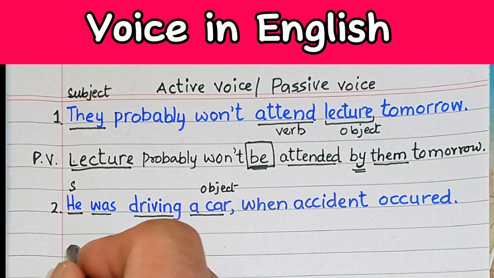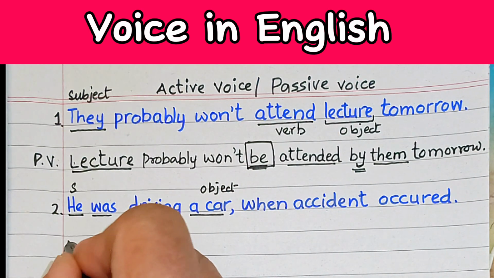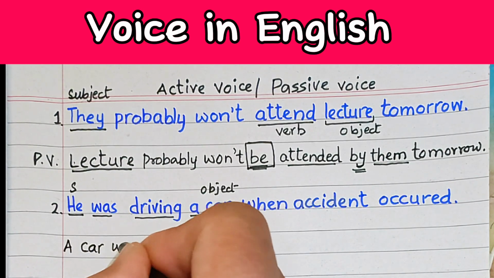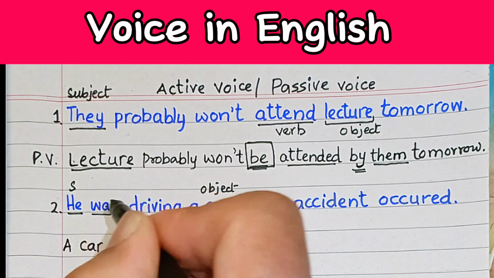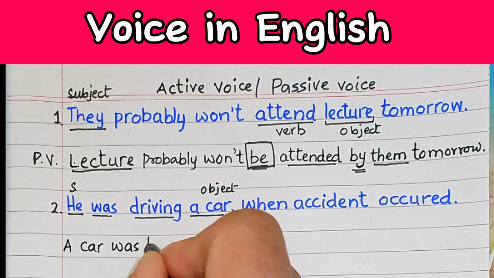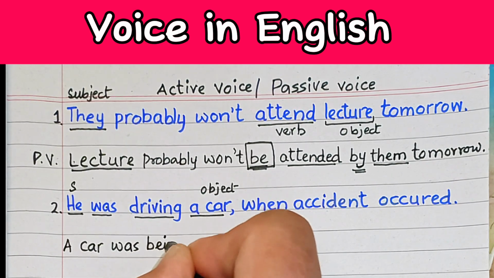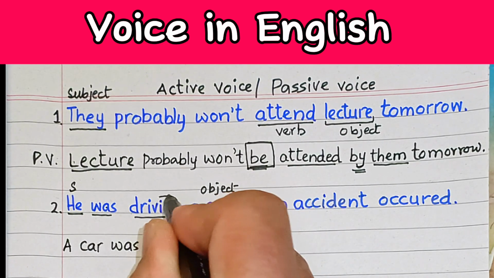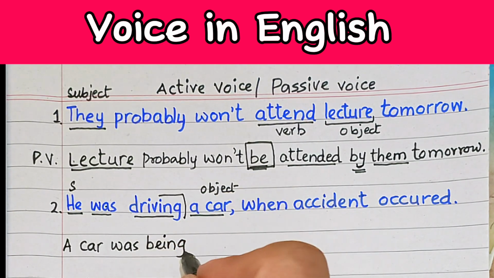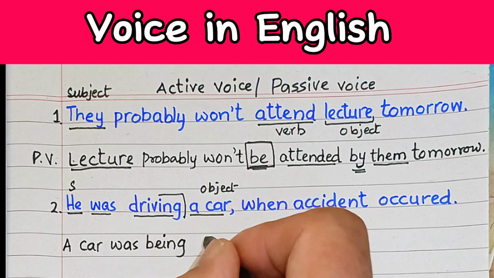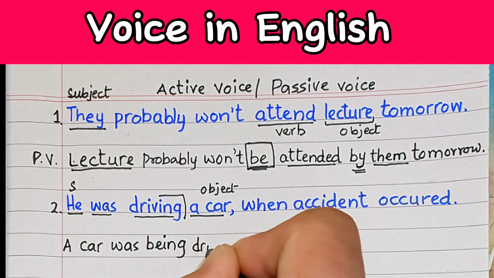So we will convert it like that: a car was. That helping verb remains the same, ing gets converted into being, we put be followed by this ing. Then the third form or past participle form of drive is driven.